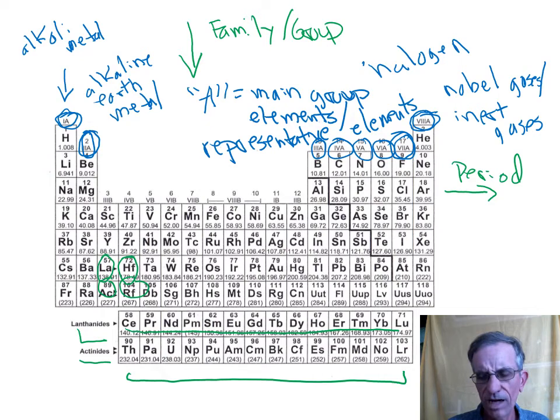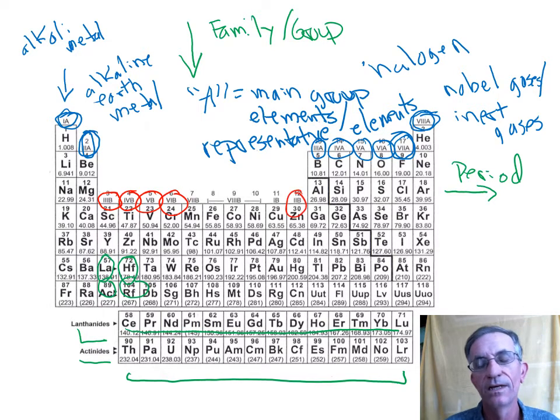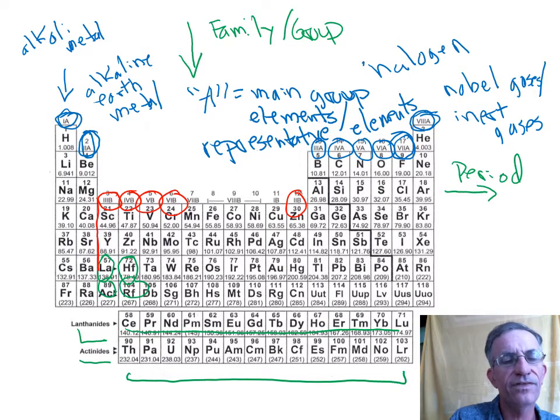Now, there are some columns that are actually kind of in the middle of the periodic table. They end with the letter B. So let me maybe do those in a different color. Here we go. Like 3B, 4B, 5B, 6B, all the way over here to 8B. Let's shade them in. All this middle part right here, collectively, let me shade it in so you know what I'm talking about.